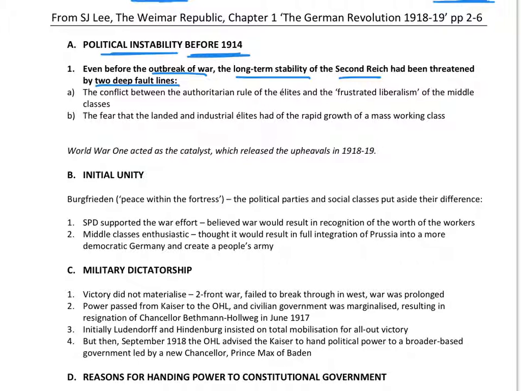What were they? The conflict between the authoritarian rule of the elites. Now, the elites, remember, are the old elites, the Prussian Junkers, the landowners, and the new elites, the industrialists. And the frustrated liberalism of the middle classes. Now, remember, what we mean by frustrated liberalism is that democracy had been denied to them in unification.